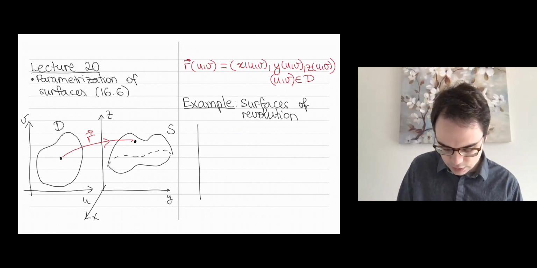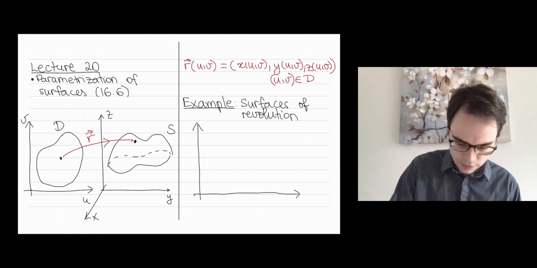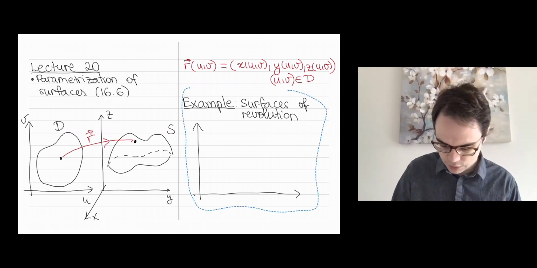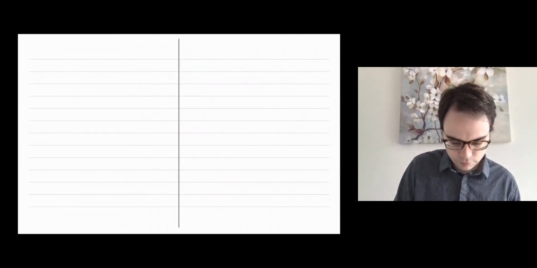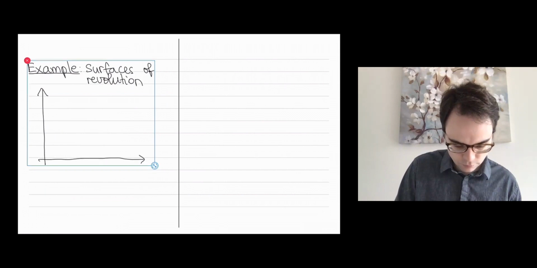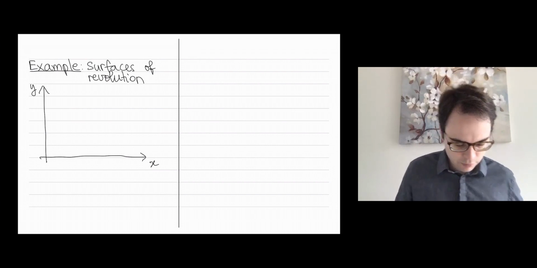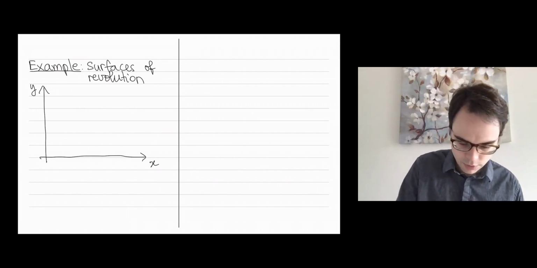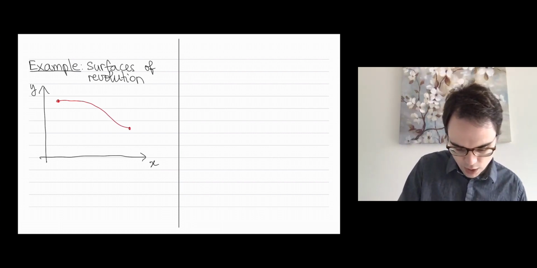We start with a graph in one dimension. Let's start with the graph of a function of a single variable. Here's the graph, y equals f of x.